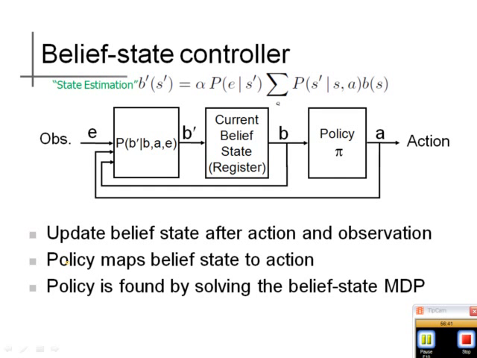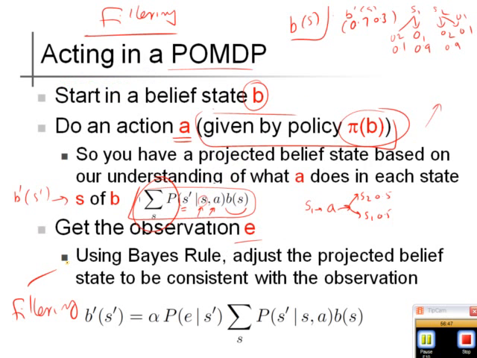Because I mean, we are taking the current belief state. Remember, if you remember, this is the final computation. This is the B'. This one is giving you P of B' given B, A, E. But that involved taking into account the original B. There are three belief states.